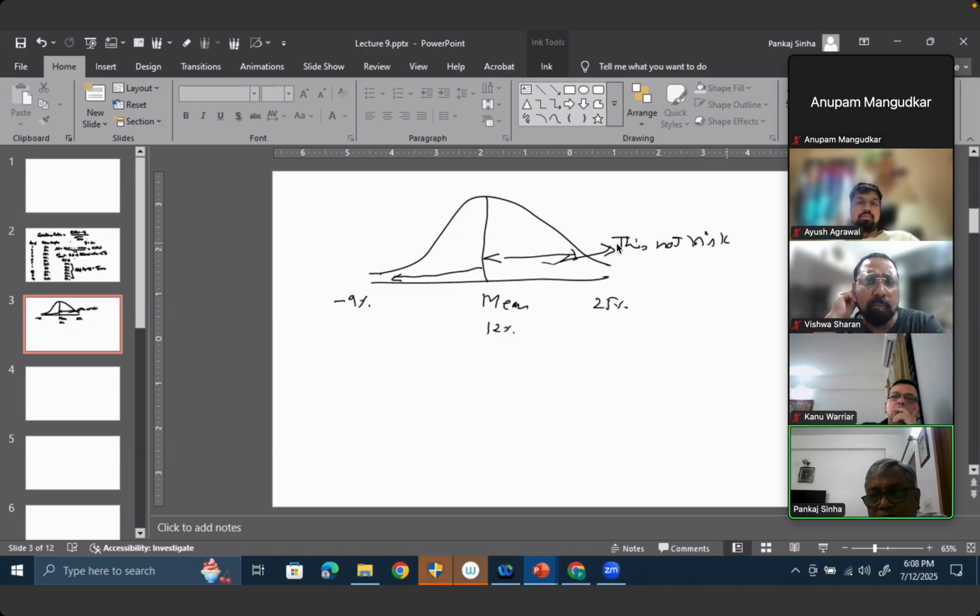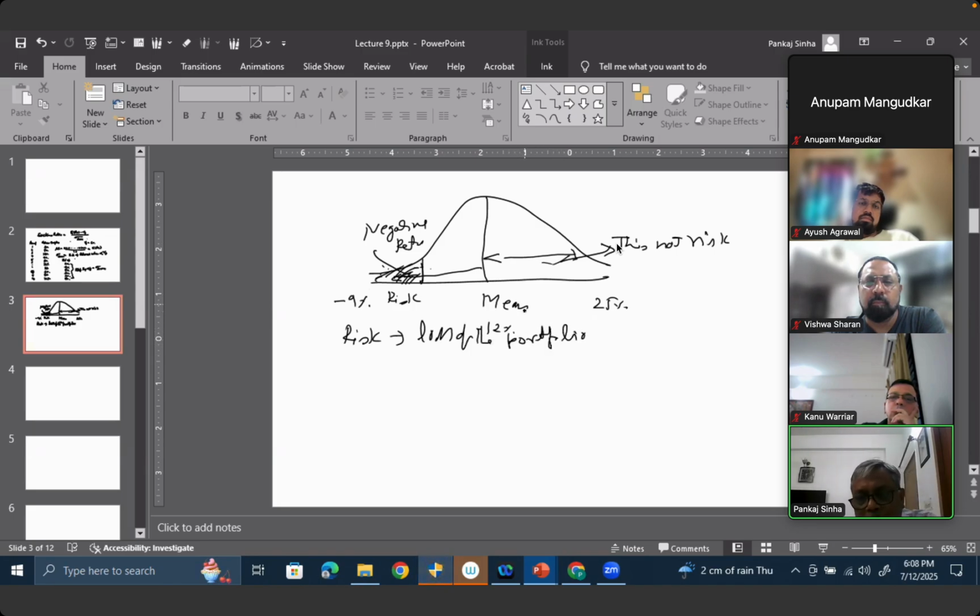Risk is where? Tell me. Loss. Risk means the area below this, where my portfolio is giving me the negative return. This is my risk. Risk means loss of the portfolio.